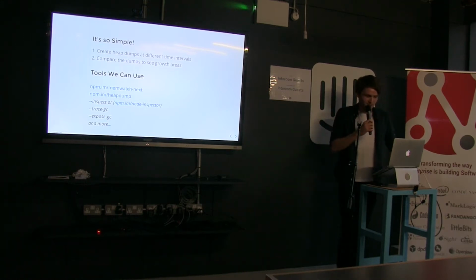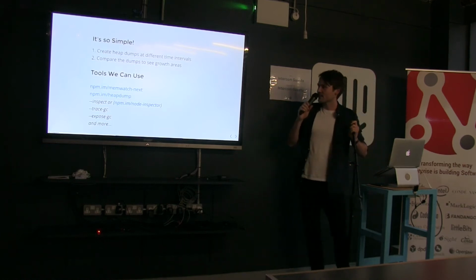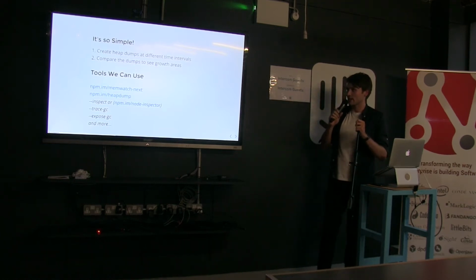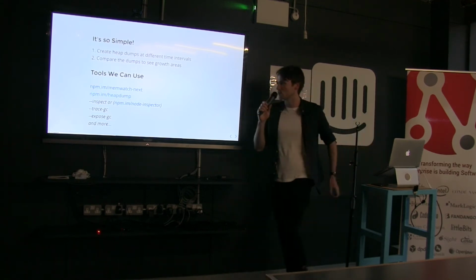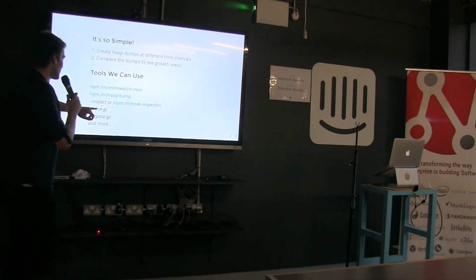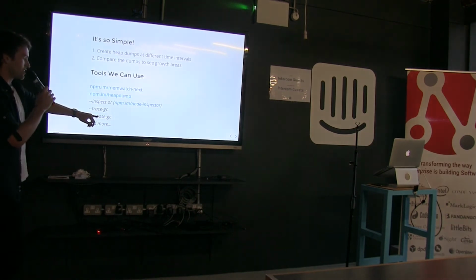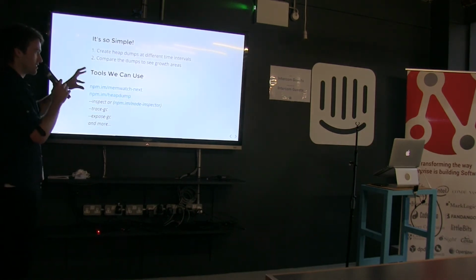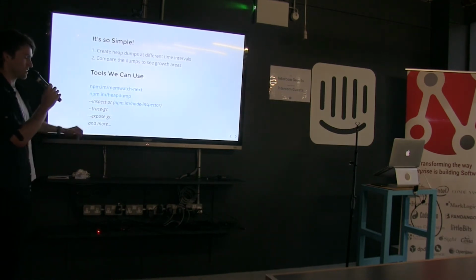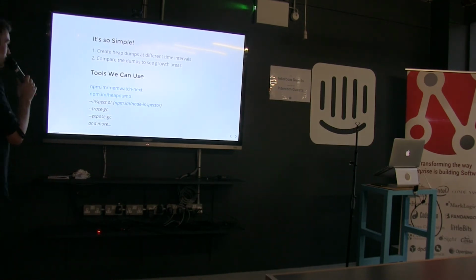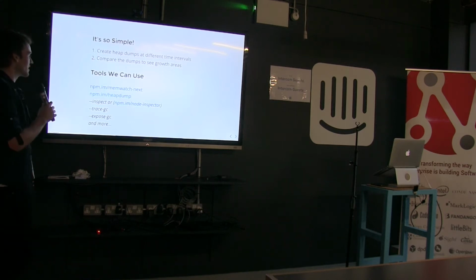So we've got these tools here: memwatch next, heap dump, the inspect flag, the trace GC flag, and the expose GC flag. So I've showed you this guy already. This guy actually gives us access to a global garbage collector object in our process, so we can actually manually call garbage collections if you want.